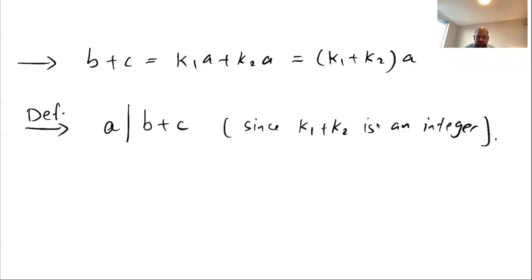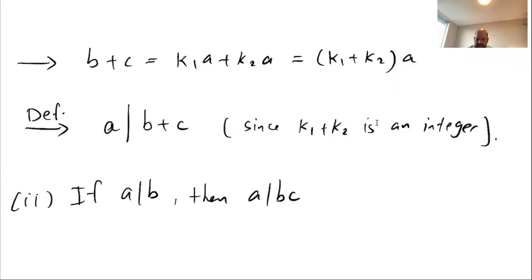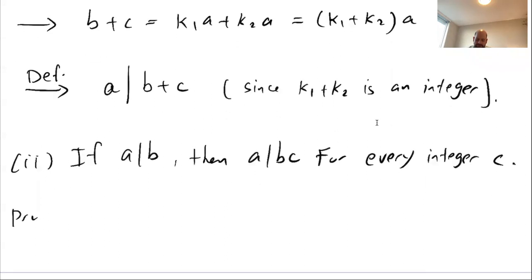Okay, now next property. If A divides B, then A divides BC for every integer C. So I think you got the idea for the proof, which is similar to all the proofs that you have seen: we have an assumption, we have a conclusion, and we have to go from assumption to conclusion using the definition.